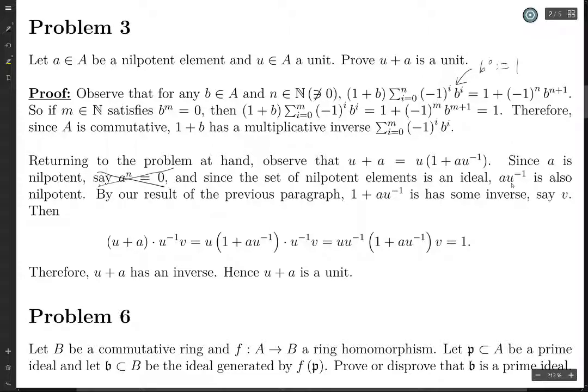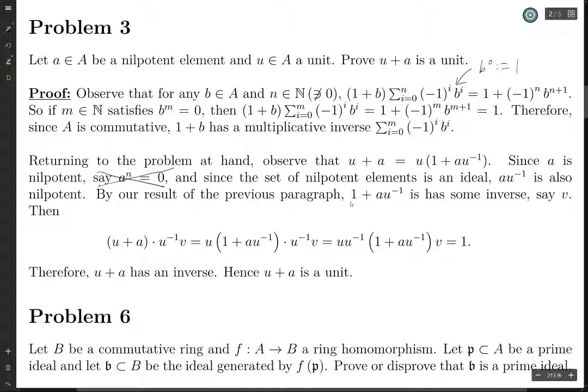Okay, so that's nilpotent, which is good. By our previous paragraph, 1 plus A U inverse has some inverse, which we will call V. Of course, if we used A to the n equals 0, we could write V as the sum from i equals 0 to n of negative 1 to the i, A U inverse to the i. But we don't need to do that, since we're just going to apply the result directly.